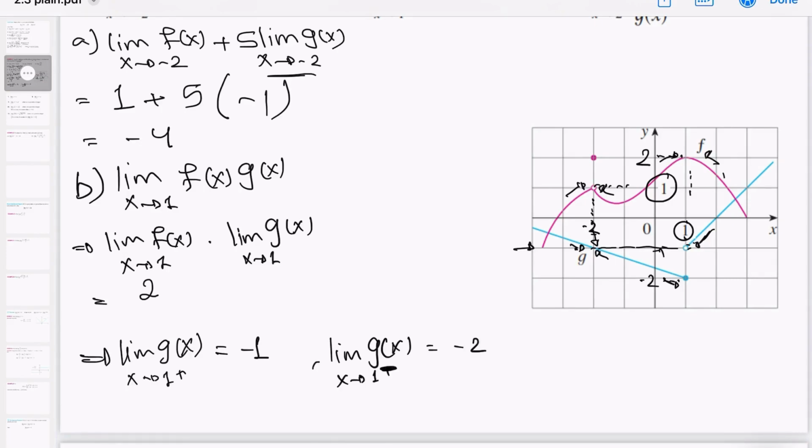So we can clearly see that the limit from the right and from the left are not equal to each other. Therefore, the limit of the product of the functions f and g as x goes to 1 does not exist, because the limit of g as x goes to 1 does not exist.